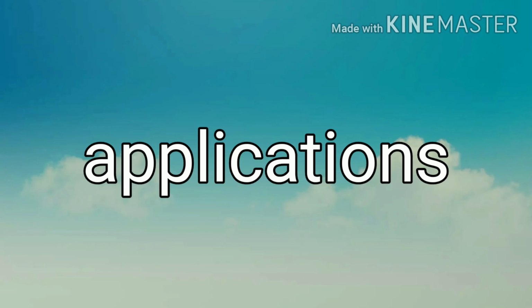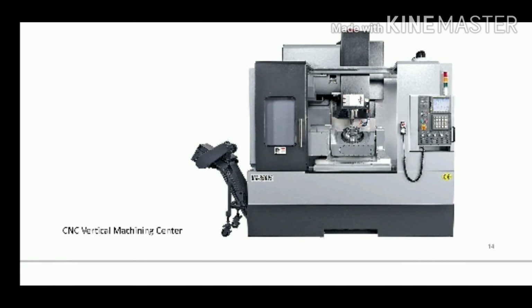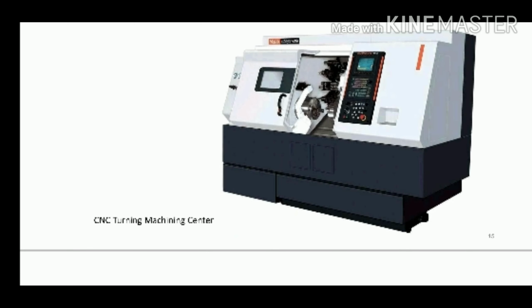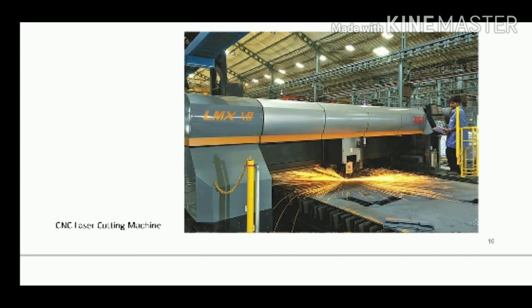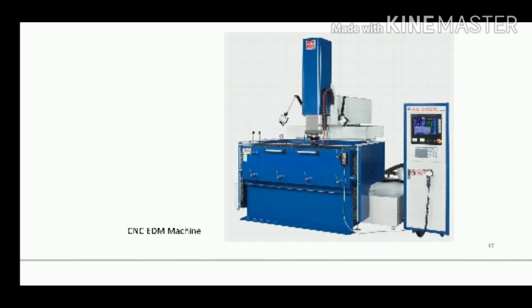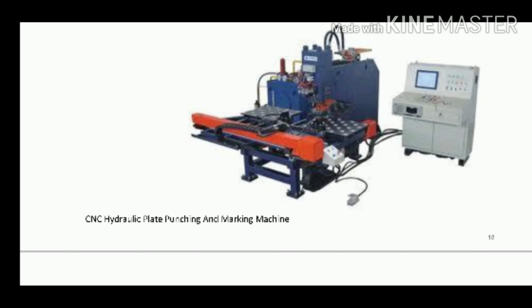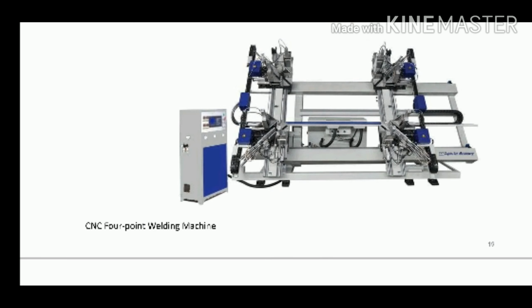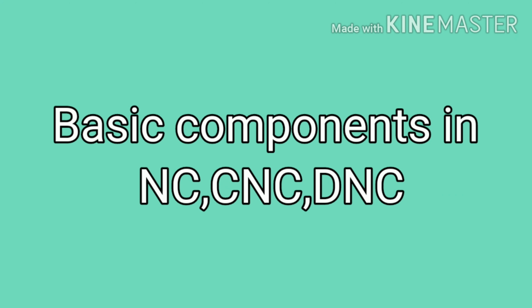The applications of CNC and DNC tools are CNC vertical machining center, CNC turning center, CNC laser cutting machine, CNC electro discharge machining, CNC wire cut EDM, CNC hydraulic plate punching and marking machine, CNC four-point welding machine, and CNC spot welding machines.